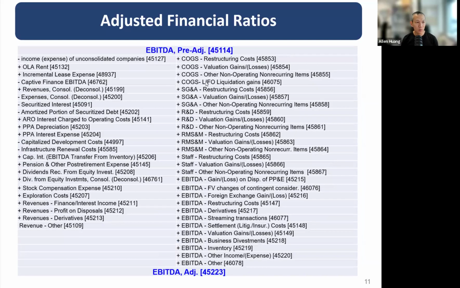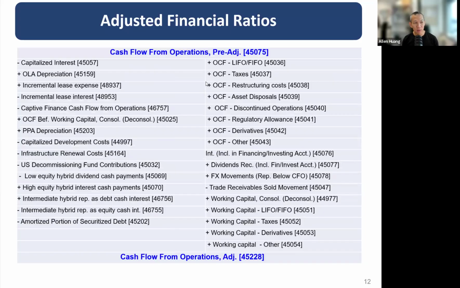We also have the numbers here for EBITDA. They start with the EBITDA pre-adjustment number, then make a very large number of adjustments and arrive at an adjusted number. Similarly, we have the cash flow numbers here. So it's very important that when we compare how different a company's financial ratios are from the thresholds, and whether they violate the threshold or not, we use the adjusted financial ratios from S&P.